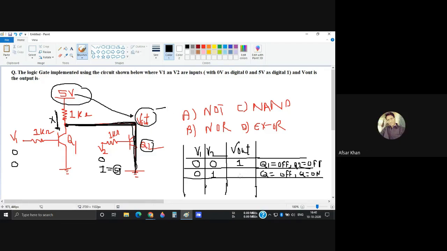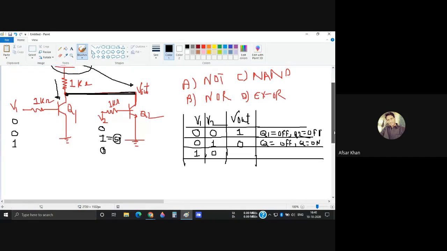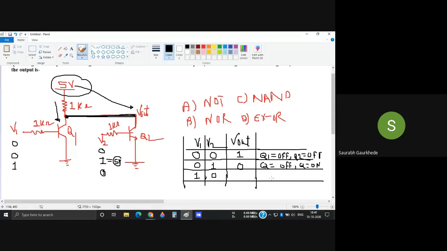Okay, fine. See now, next case. Next case is V1 1, V2 0, that is 1 0. Now tell me the status of the transistors for this case. Q1 on, Q2 off. Very good.